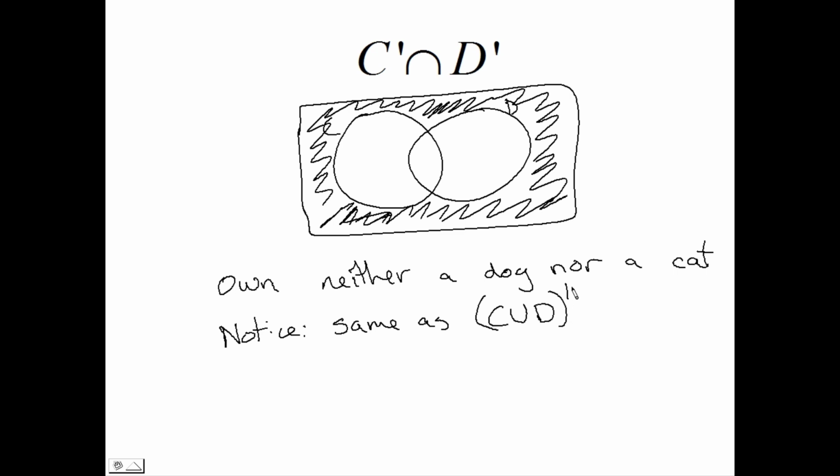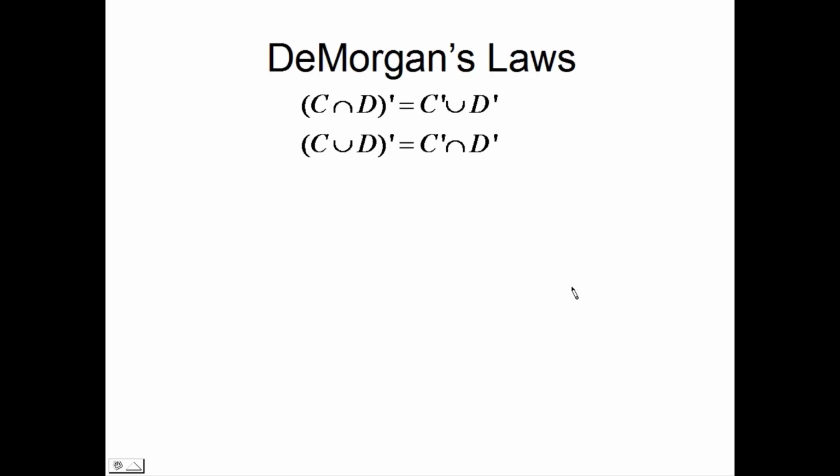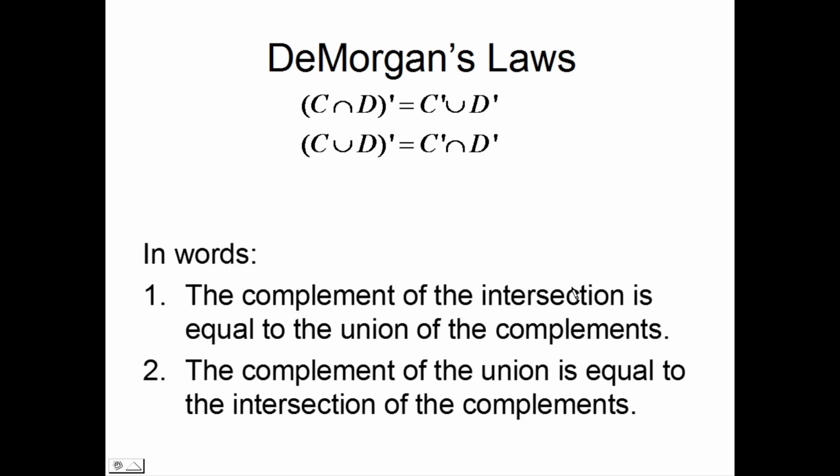This is actually a very important law of sets called De Morgan's law. The way I remember it, the complement of the union is equal to the intersection of the complements. That's part 2.